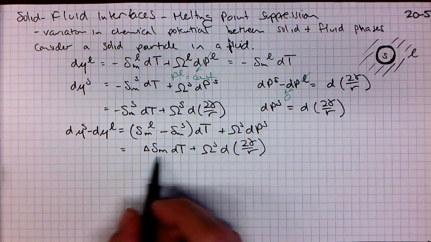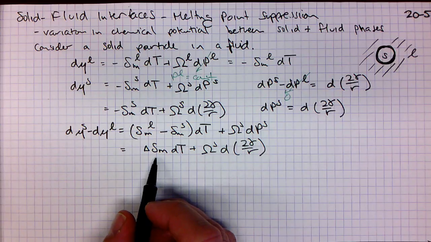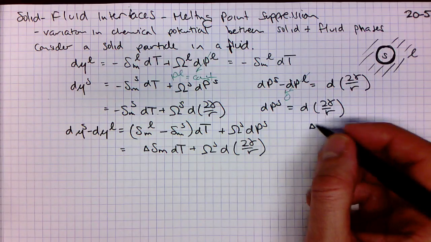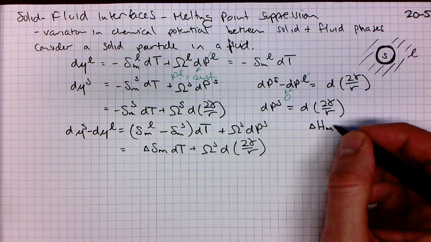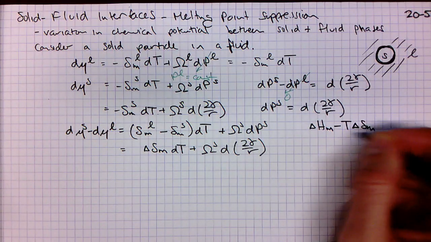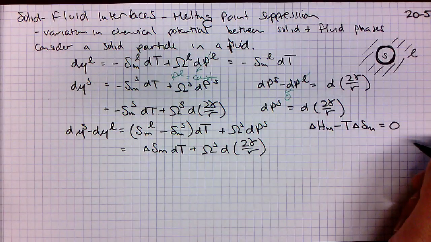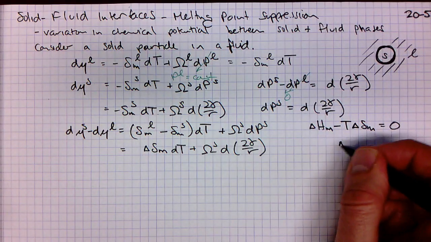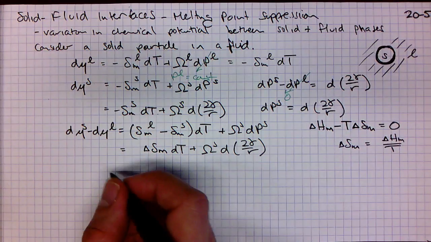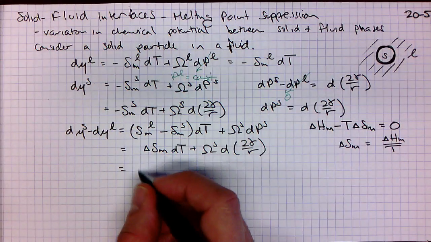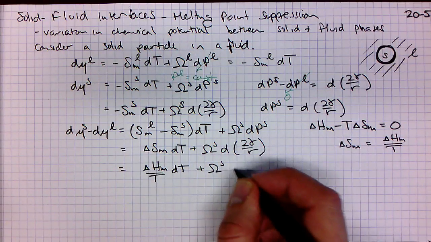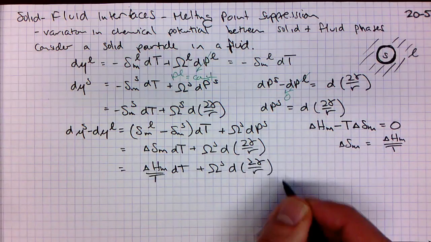Now, because we're in equilibrium, we know there's a relationship between delta H_m, the molar enthalpy difference between the phases, and delta S_m, such that delta S_m has to be equal to delta H_m over T. So we can further write this as delta H_m over T dT plus Omega_S d(2 gamma over r).